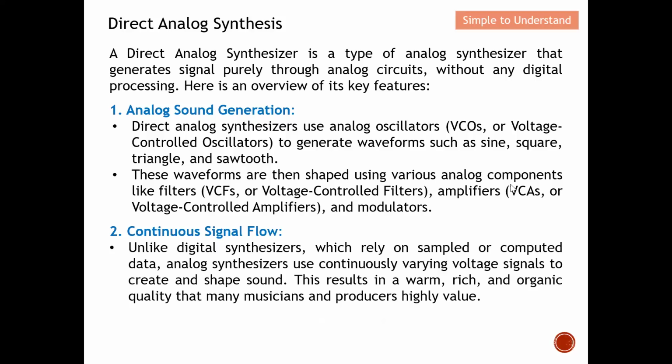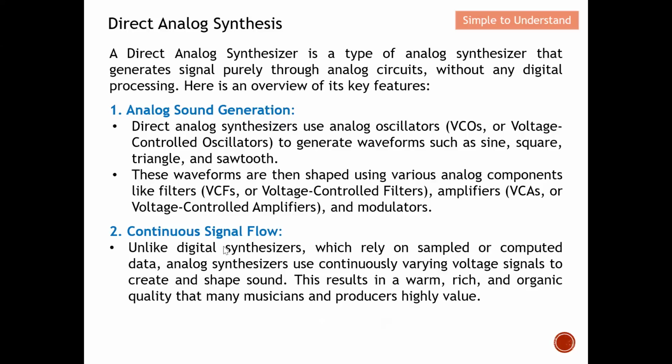Firstly, we generate the waveform, which can have any form like sine, square, or triangular. Then we shape the waveform using various analog components, for example a filter, which is the voltage controlled filter, or an amplifier, which is the voltage controlled amplifier, and also the modulator.